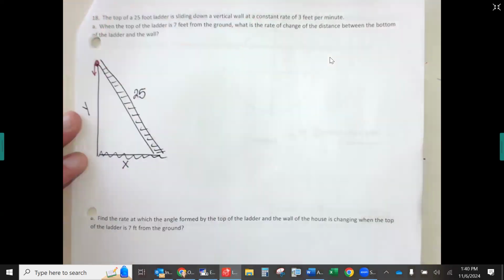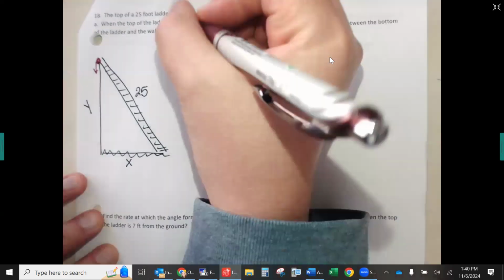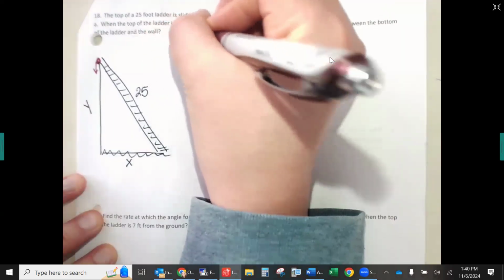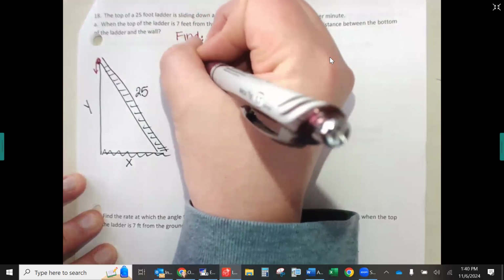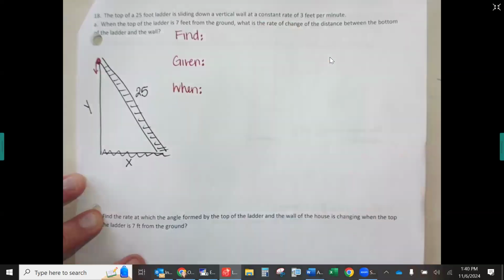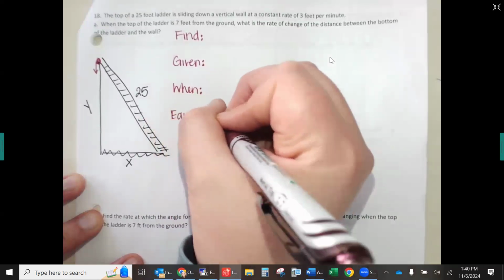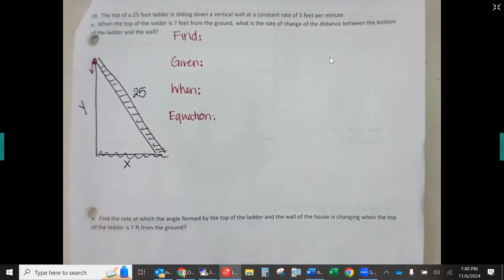Okay, the top of the ladder is sliding down the wall. All right, find given when. Go ahead and try to read through that and fill in maybe a couple parts of that. So top of a 25-foot ladder is sliding down a vertical wall at a constant rate of 3 feet per minute.